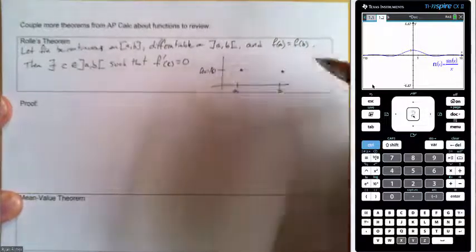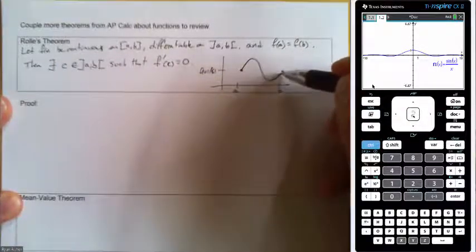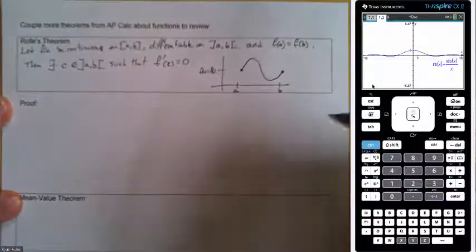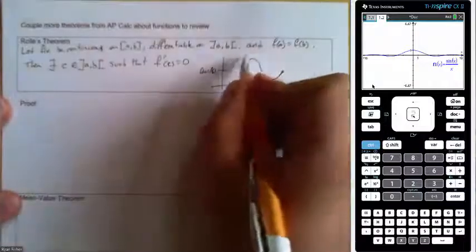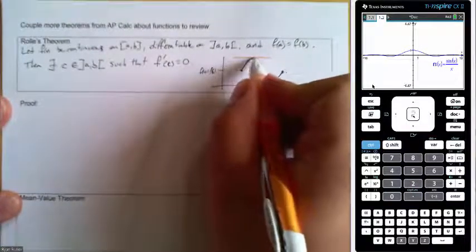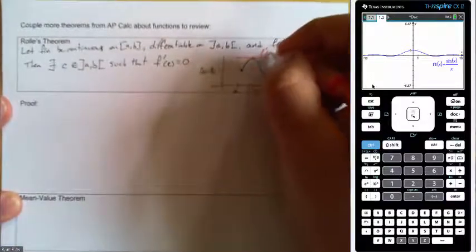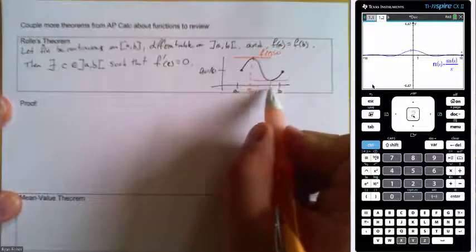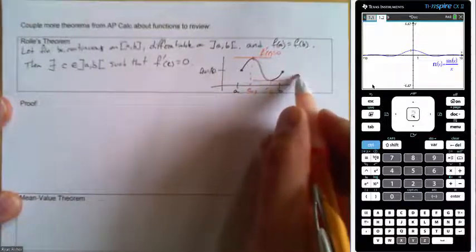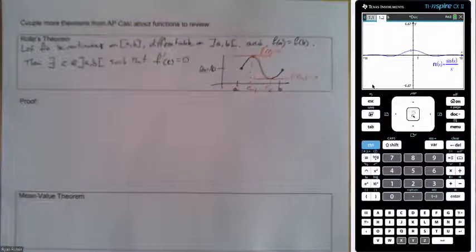Since this is continuous and the derivatives exist everywhere, no matter how I draw this function, there's got to be at least one value of c where the derivative is 0. In this particular function, there happen to be two values of c, but there's got to be at least one.